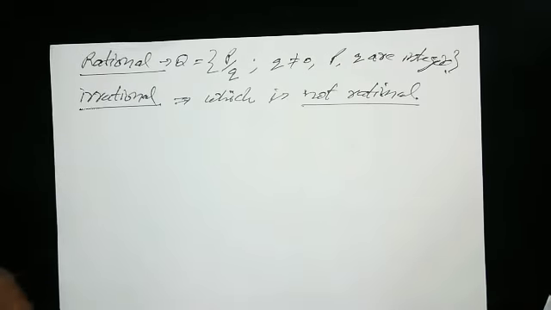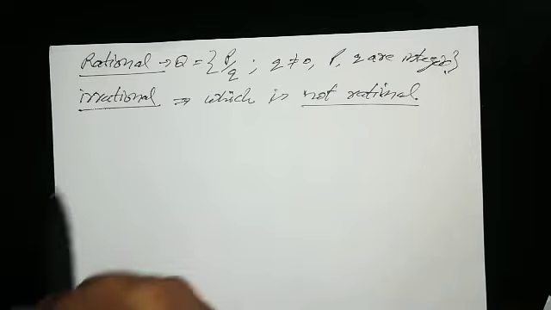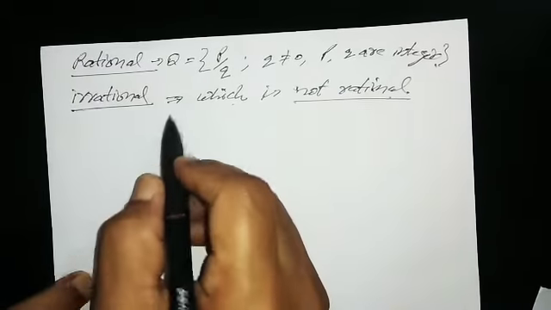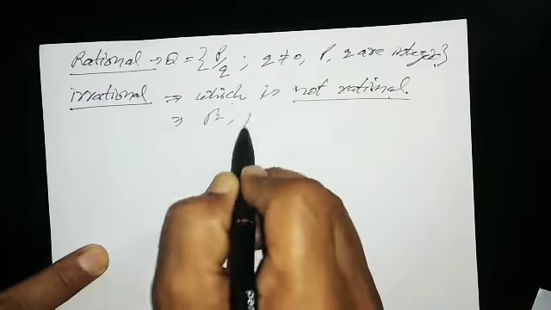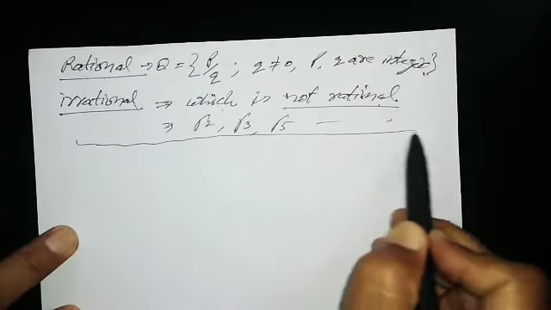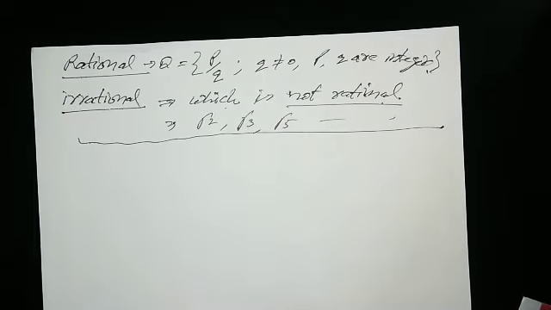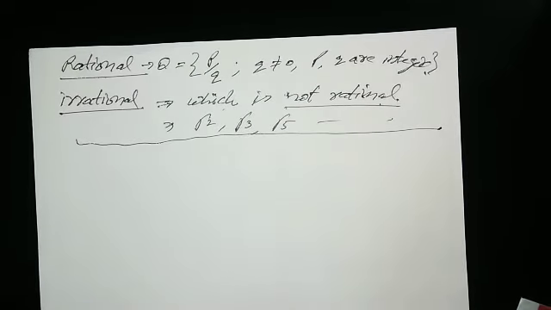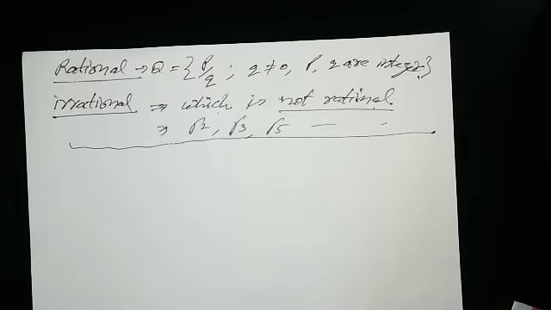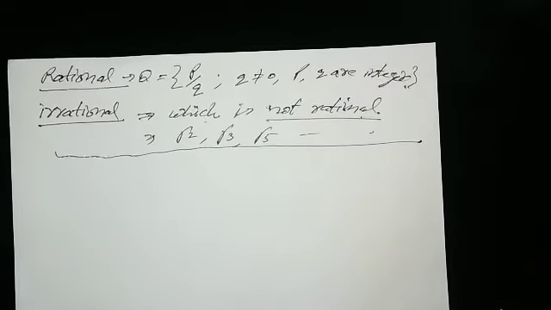You can go to that link and see it. So what is an irrational number? It is a number which is not rational, and examples are root 2, root 3, root 5, all irrational numbers. Again, I have explained in the decimal expansion of a number how to find whether a particular number is rational or irrational. So a lot of detail is given in that video.